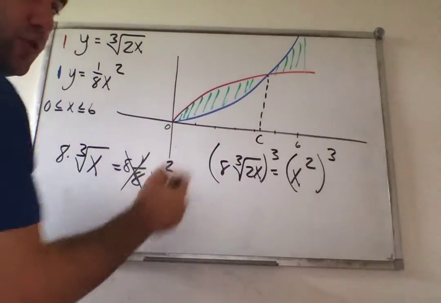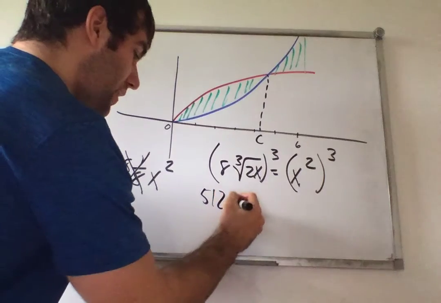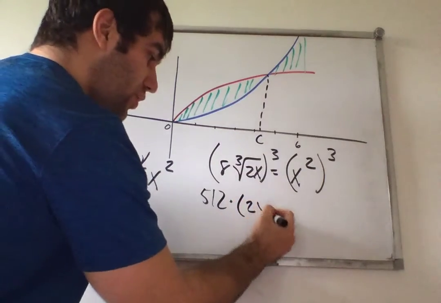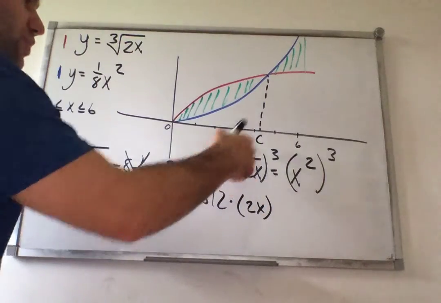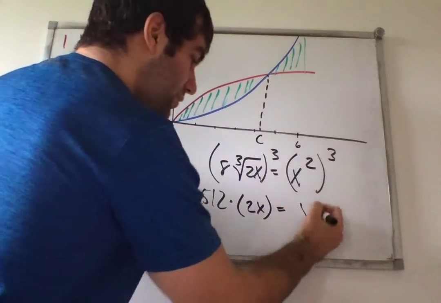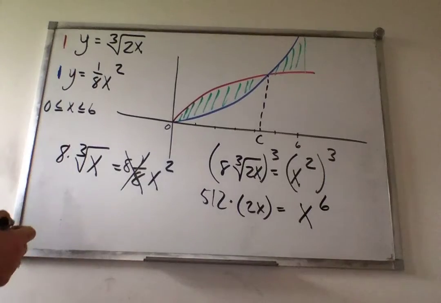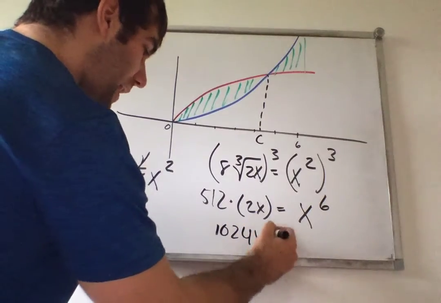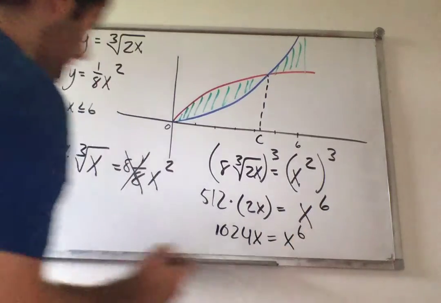So 8 cubed is 512 times the cube root of 2x cubed. The cube root and the cube cancel, is equal to x to the 6th. So you get 1024x is equal to x to the 6th.